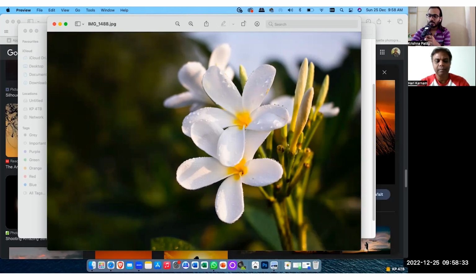You can see 18-135, and below that you write down: at 18 mm, aperture 3.5, and at 135 mm, 5.6. Correct.